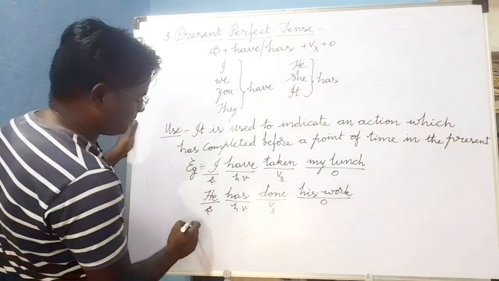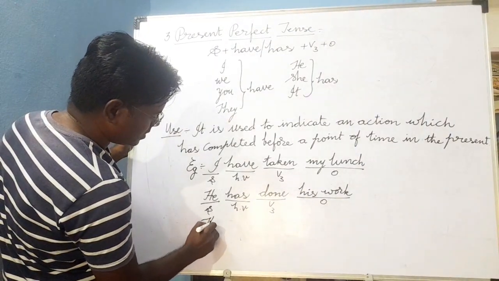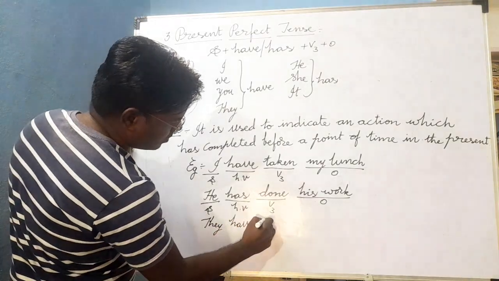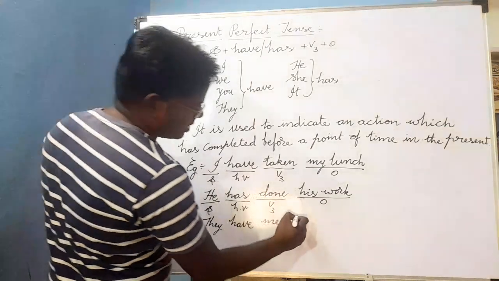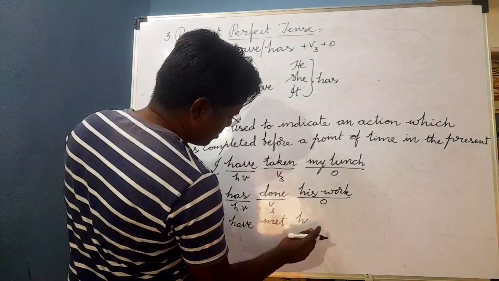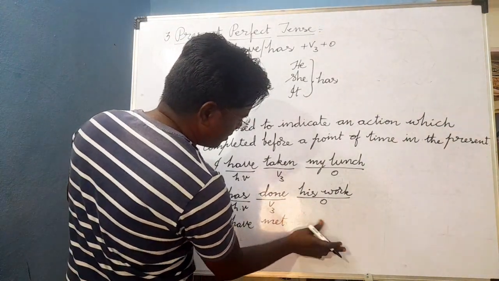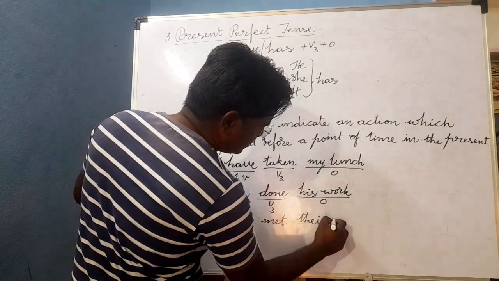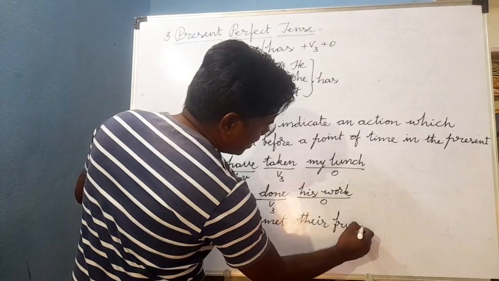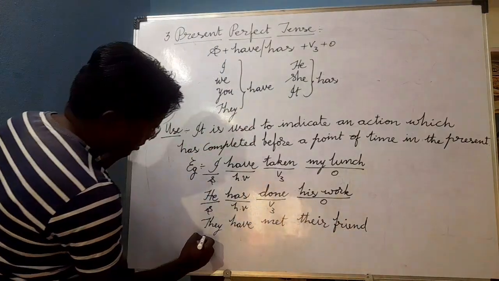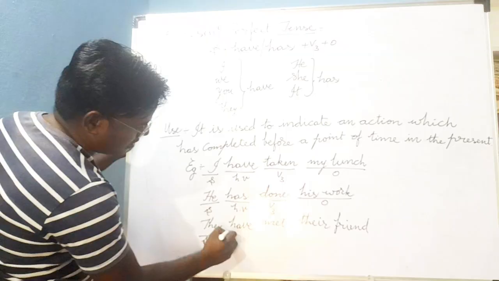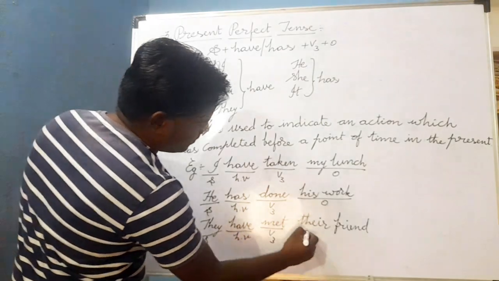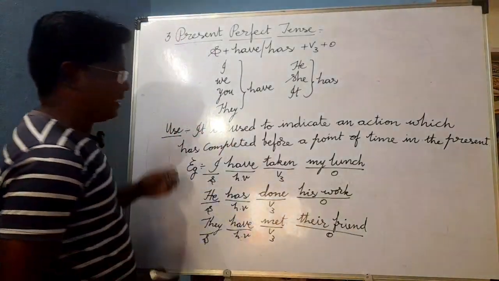Okay. Then, they have met their friend. Here they is the subject, have is a helping verb, met is the V3 form, and their friend is the object.